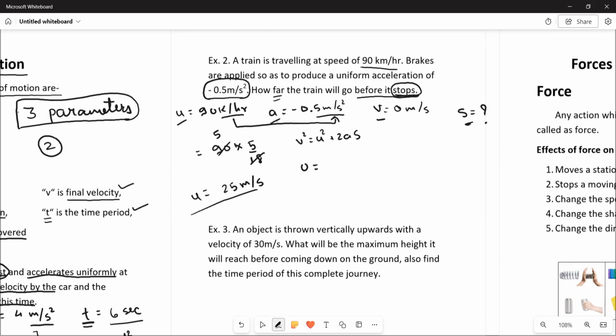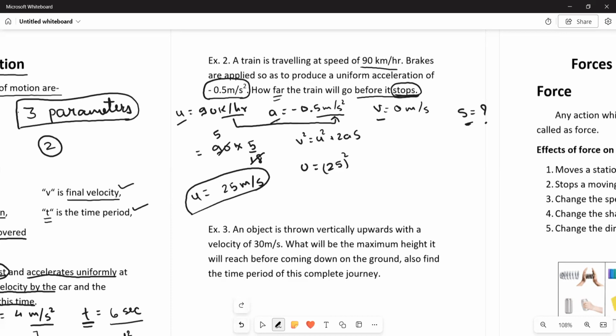Or u is this updated value, this new value, which is in meters per second. So this value is 25 square, and our plus 2 times, wait, we know that our acceleration is negative, so this plus sign will now be converted into minus 2 times.